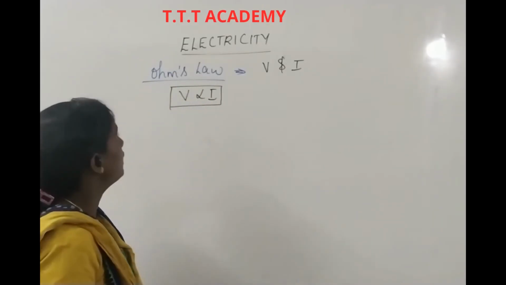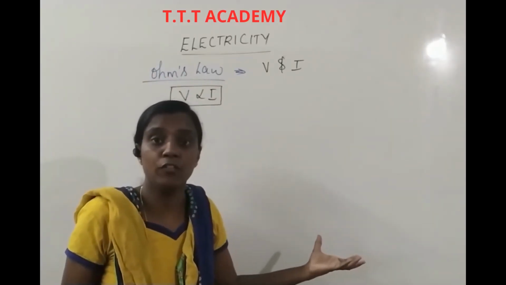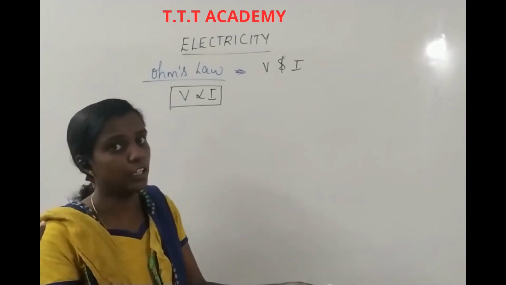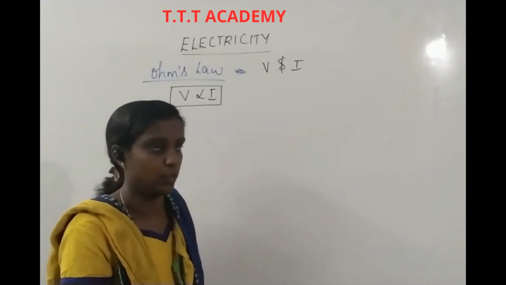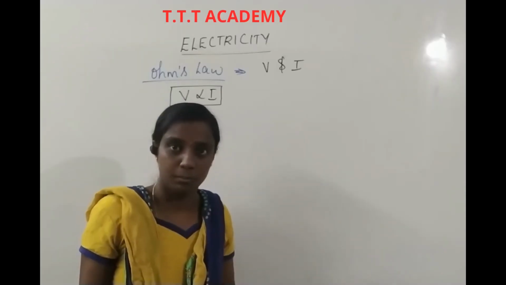The same way here, if there is more potential difference, more electric current will flow. When more pressure is created, more electrons will flow, so there will be more electric current. If there is less potential difference, less electric current will pass.